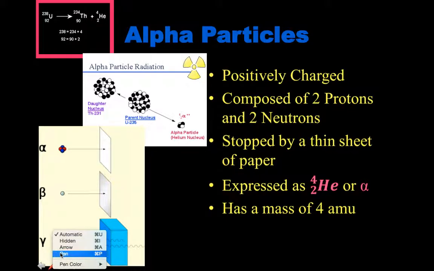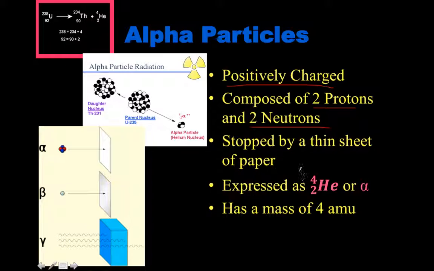All right, so let's start first of all with an alpha particle. An alpha particle, remember, is positively charged, and it's composed of 2 protons and 2 neutrons. How you express it is written down here, just like what we just expressed. It has a mass of 4 and an atomic number of 2, so 2 protons, and your mass would be 2 protons and 2 neutrons added together, which gives you that 4 up top.